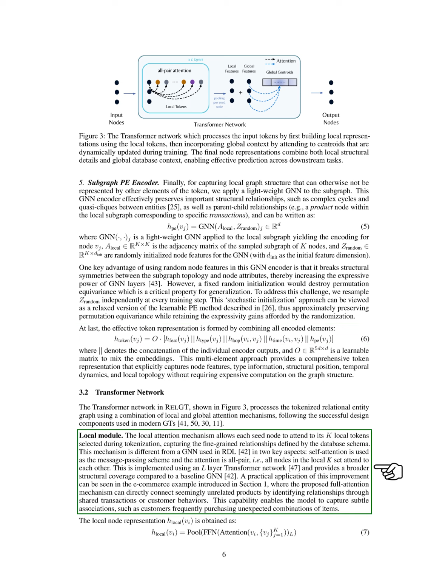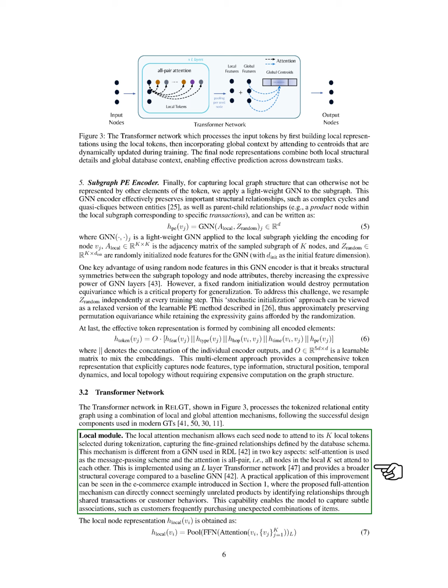This approach differs from traditional graph neural networks in two main ways. We employ self-attention for message passing, and all nodes in the local set interact with each other. We implement this using a multi-layer transformer network, which enhances structural coverage compared to a baseline graph neural network.